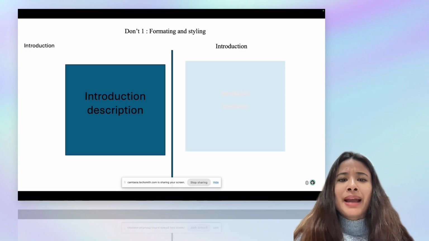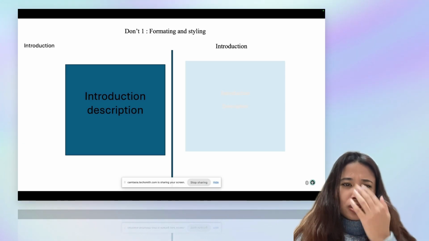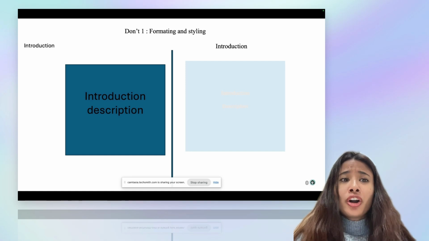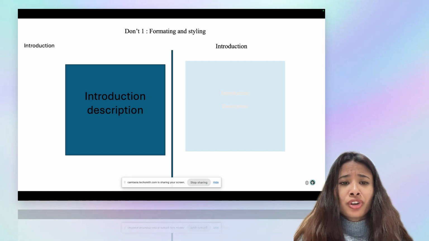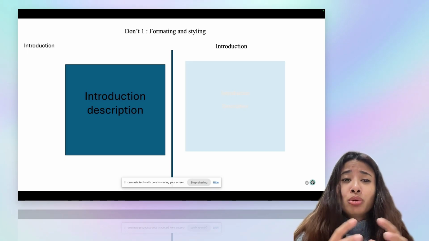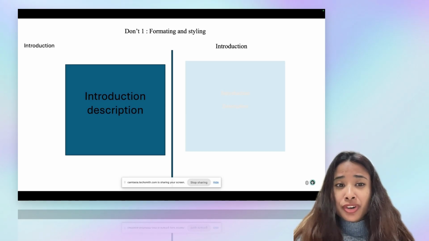The pattern is not really trying to capture your attention, because the introduction is somewhere else and the focus is just on that blue box, which is a very dark blue. And the text in the introduction is also in black.